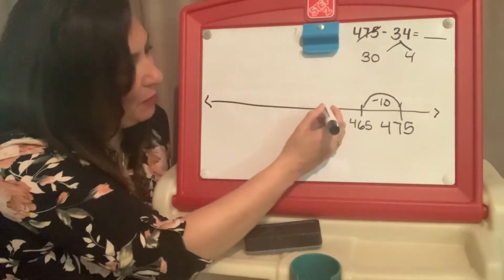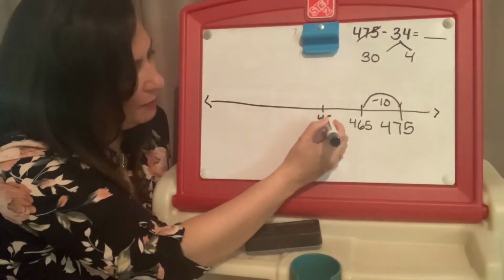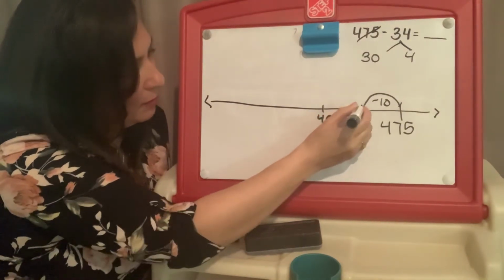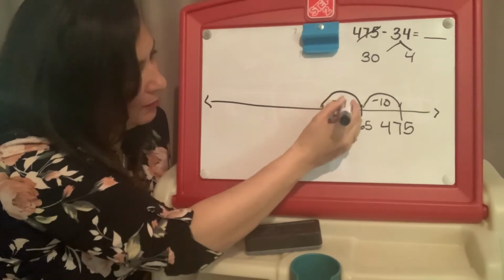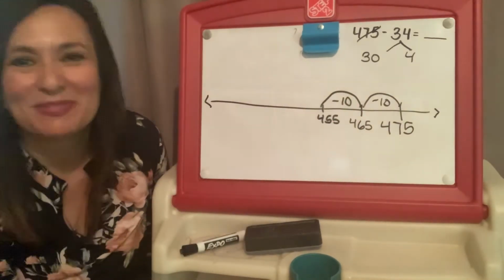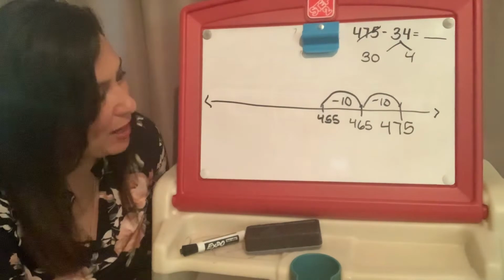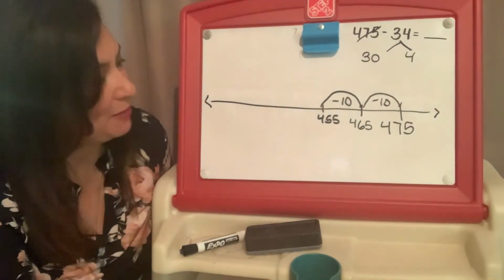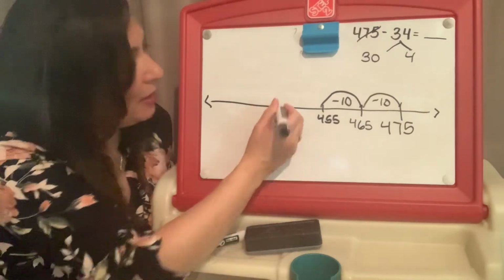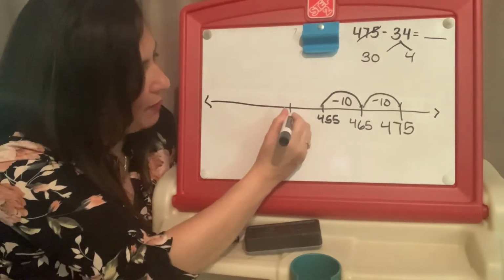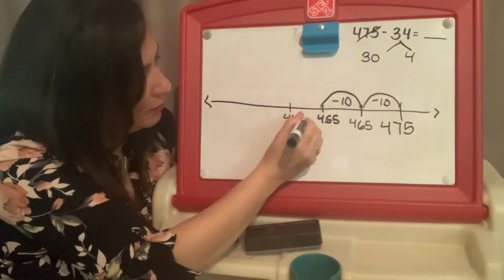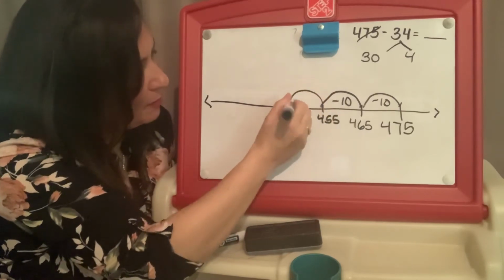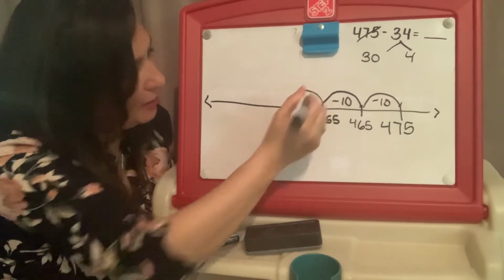Say it, 455. All right, and I've got one more 10 to subtract. 455 subtract 10 equals what? Say it, 445. So I'll position 445.